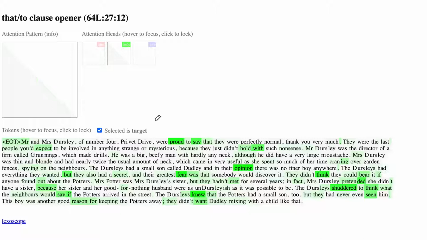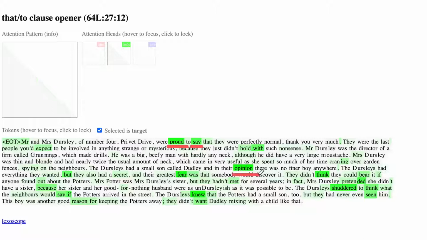And this is really speculation, but the thing that I've come to think about this attention head and some related ones is that they're about words that might be sort of setting the stage for a clause. Sometimes that can be conjunctions that are literally joining together two clauses. But in a lot of cases, they're words that might continue either explicitly or implicitly with a "to" or a "that." So "proud to say that."